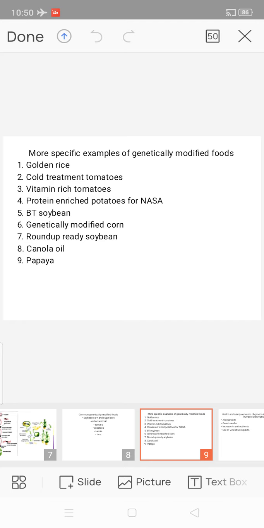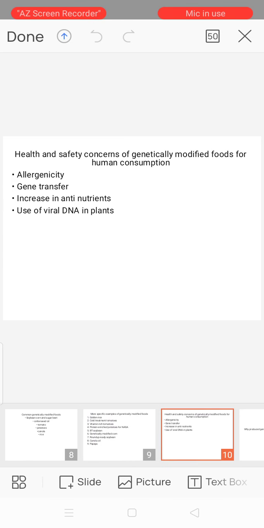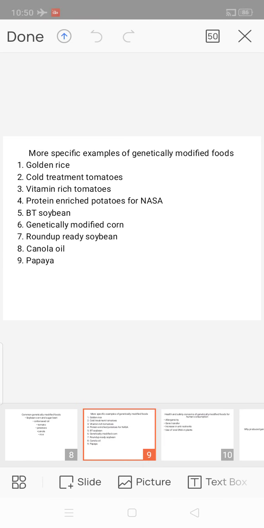Next one is more specific examples of genetically modified foods. First one, golden rice. It was created by Ingo Potrykus. Golden rice is a variety of rice produced through genetic modification to biosynthesize the precursor of beta carotene in the edible part of rice, that is in the part of endosperm.